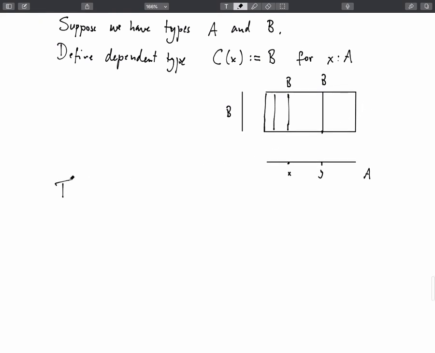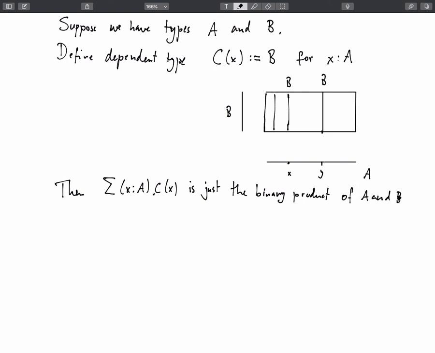So then the sum over x in A of C(x) is just a binary product. It's a special thing, called the product of A and B. And so we see that we can get ordinary products this way.